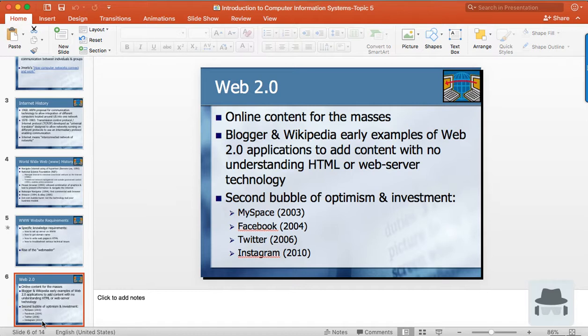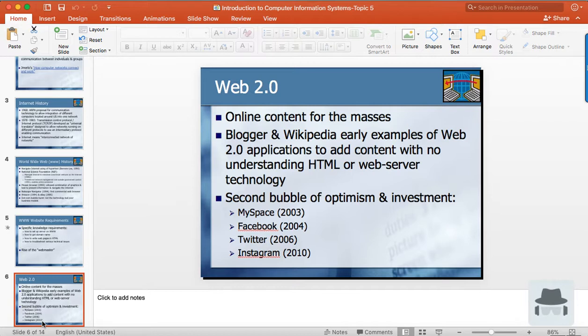Another big piece was Wikipedia, which is really a global encyclopedia, but it basically uses a wiki, which is a type of web application, put out there so people could just go out and add their own content. What you have is basically a global encyclopedia. And the people who work with that stuff, you don't need to know HTML. You don't even really need to know the web server. You just log on, you can add content to it. A huge growth around things like that.